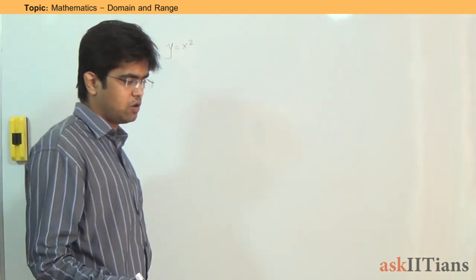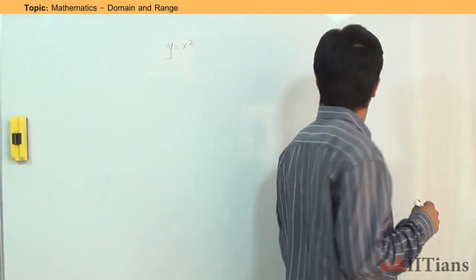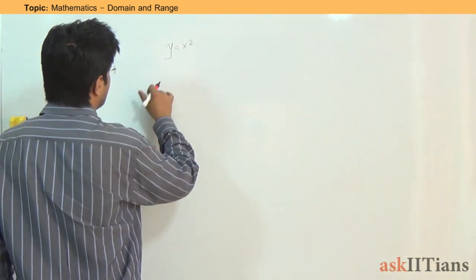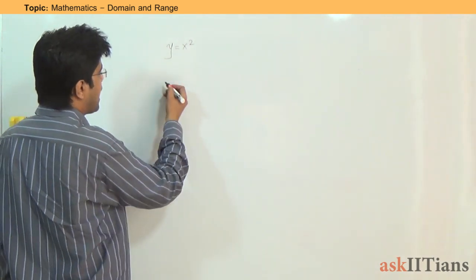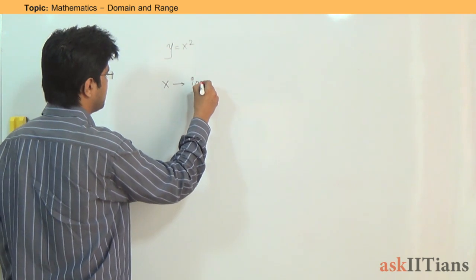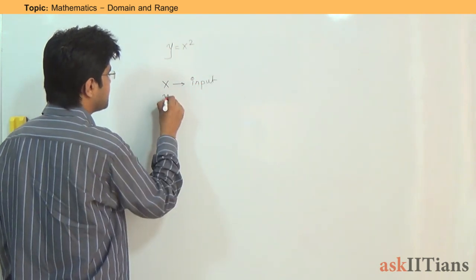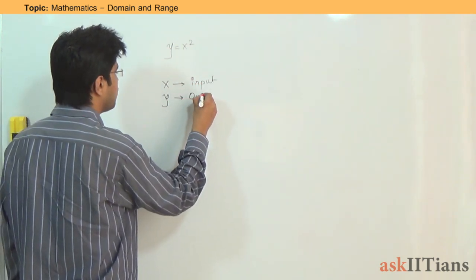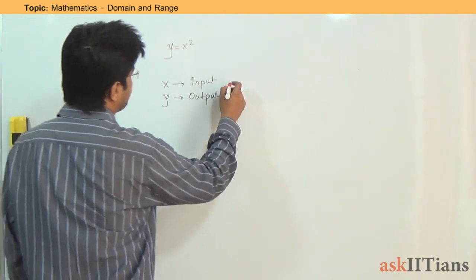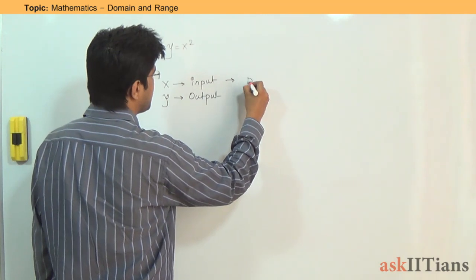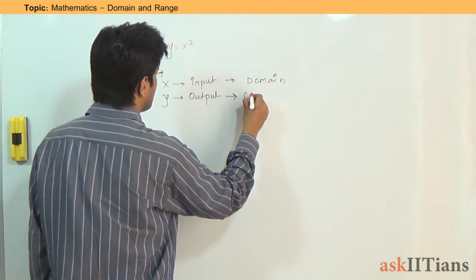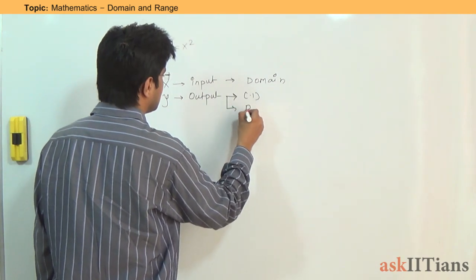Here x is my input, and I am observing the values of y, so y is my output. That means the set of values of x is my domain, and this will give me codomain and range.